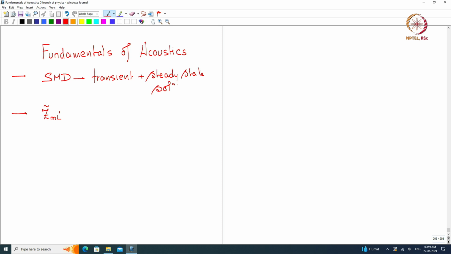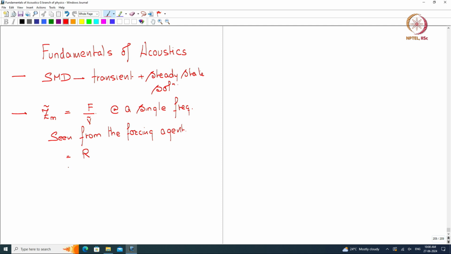Okay, Z mechanical, which is force over velocity at a single frequency. Okay. So, this is an idea seen from the forcing agent, how he perceives the system, and it is typically complex.